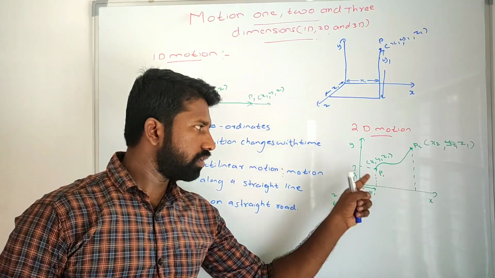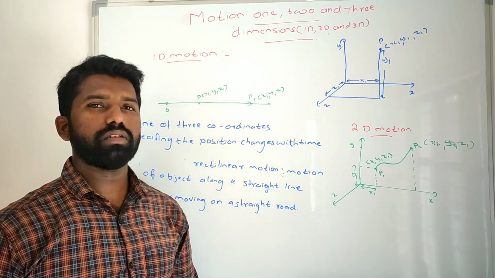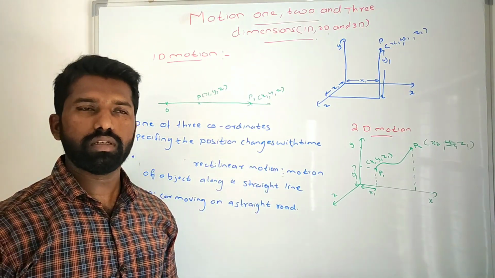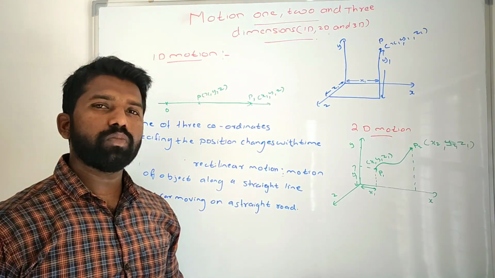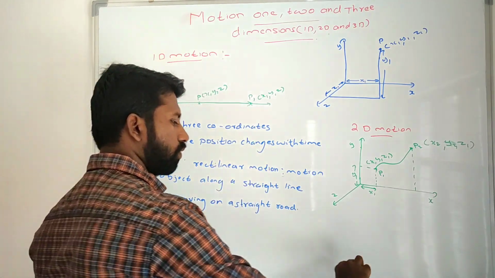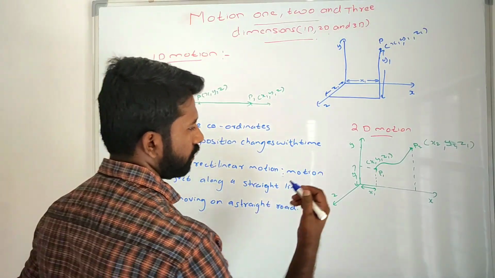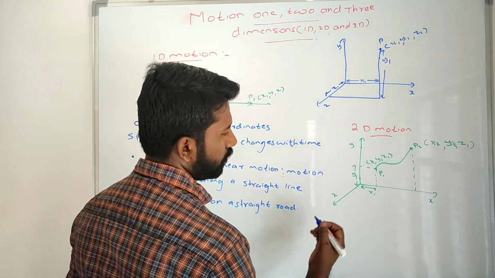Only two coordinates change, that is x and y components change. So this motion we can say is 2D motion. In 2D motion, the object is moving in a plane. So we can define the condition for 2D motion.